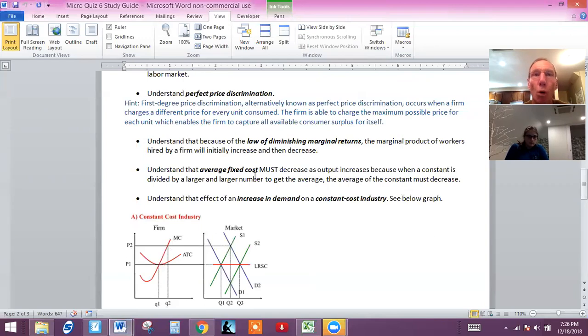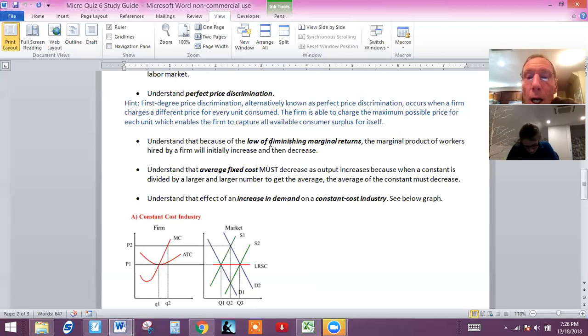As you produce more and more cars, the average fixed cost is going to get lower, because you're dividing a larger number into it, right? Does that make sense? Yeah. So average fixed cost must come down, because it's fixed, as you produce more and more of whatever it is.